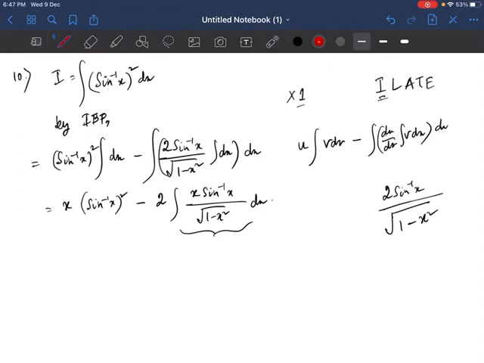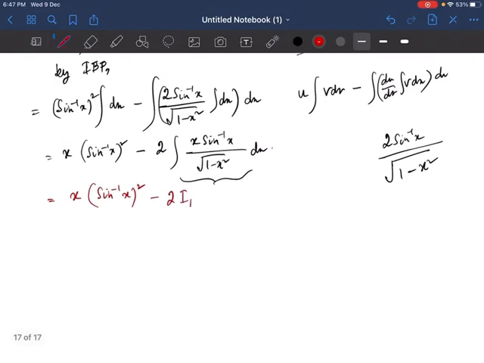How? I will tell you. First thing, we have solved this one, so let us write this as I1. So I have x (sine inverse x) whole square minus 2 I1. Now let us do I1. So I1 is equal to the integral of x sine inverse x divided by root over 1 minus x square dx.